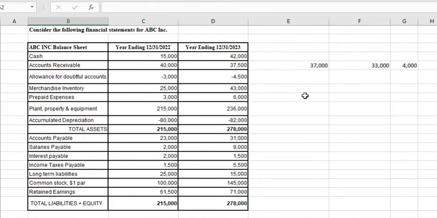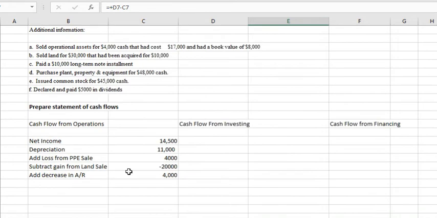Next, what I have is merchandise inventory. What we are seeing here is actually an increase from $25,000 to $43,000. So there is an increase in merchandise inventory. That's going to decrease our cash flow from operations, and I'm going to record that as such.